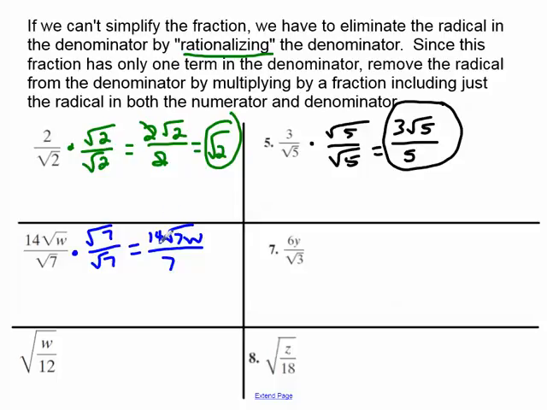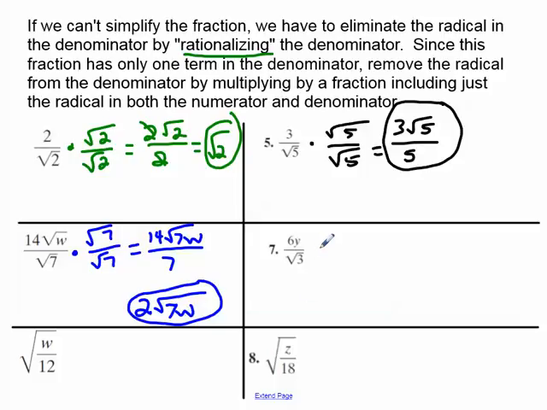Now 14 and 7 cancel to give me just 2. 14 divided by 7 is 2. Square root 7w doesn't cancel, factor out, or simplify. 7w can't be simplified inside the square root, so we're done.